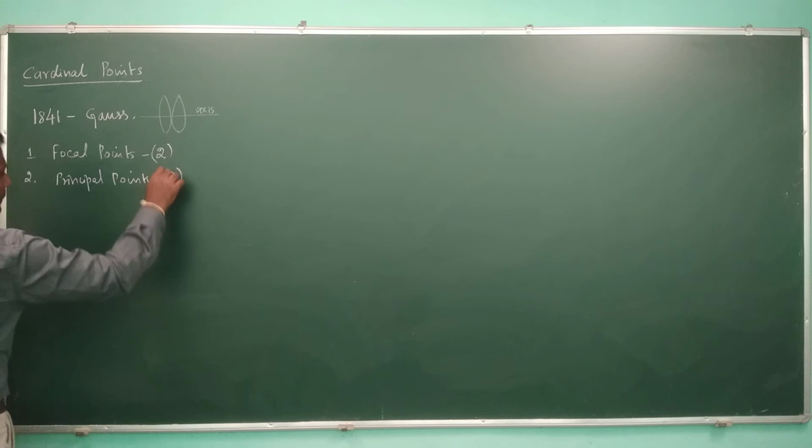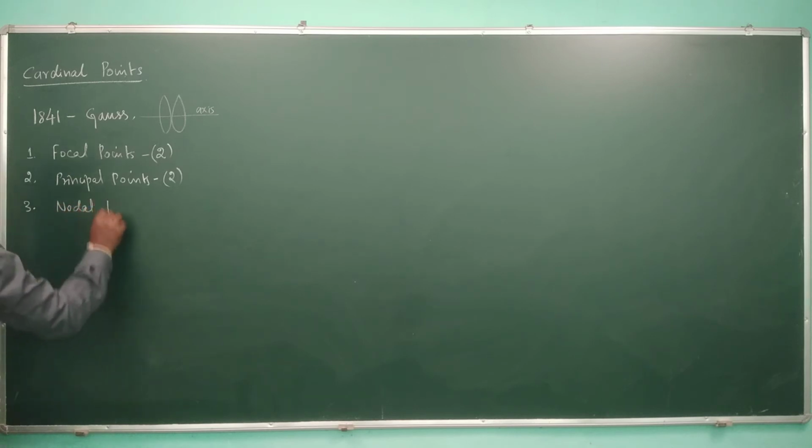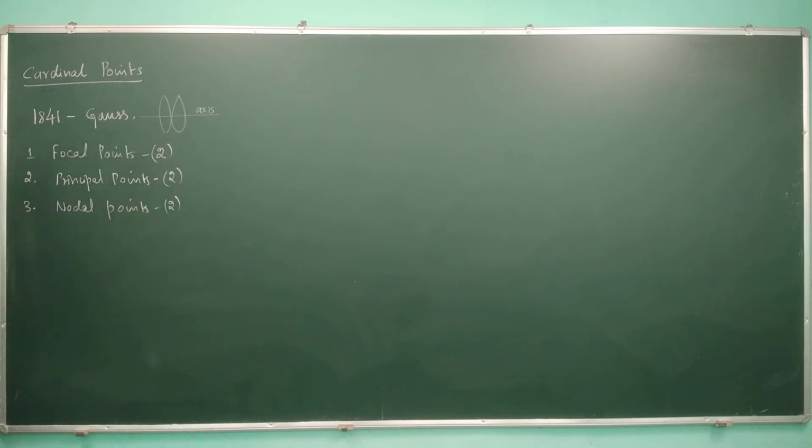This is also a pair of points, 2 in number. And the third one is the 2 nodal points, right? Nodal points, also 2 in number, which means we define a set of focal points, a set of principal points, a set of nodal points.